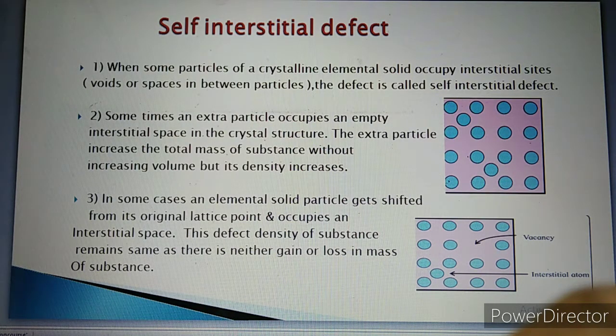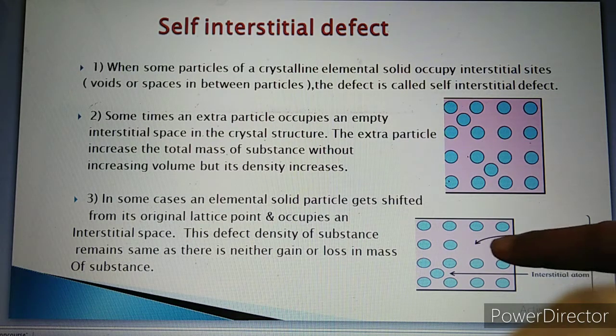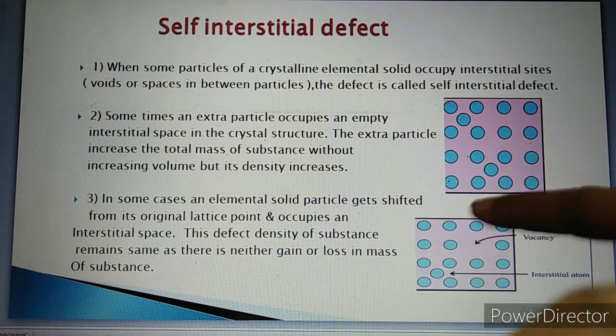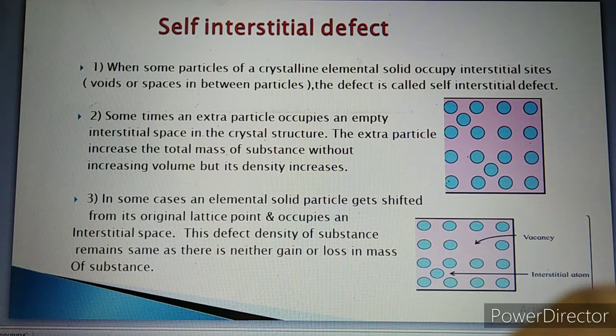See the second case, which is given in figure number 2. In some cases, an elemental solid particle gets shifted from its regular original lattice point and occupies an interstitial space. See in the diagram, as the vacancy is created, the regular particle is shifted and it occupies the interstitial space.